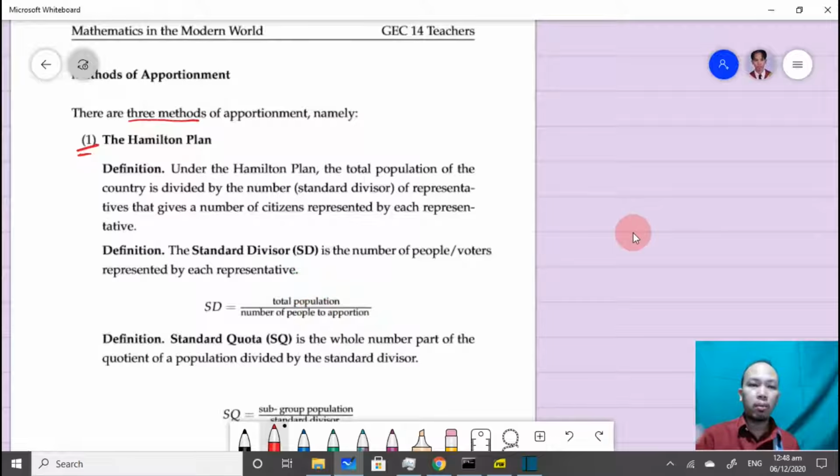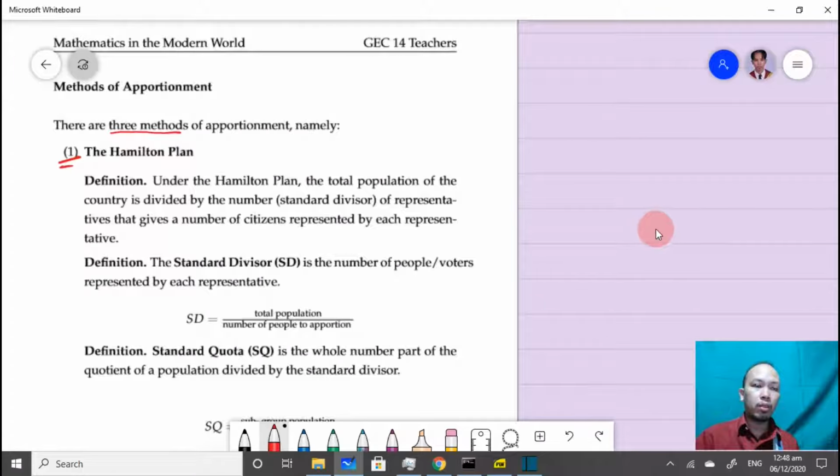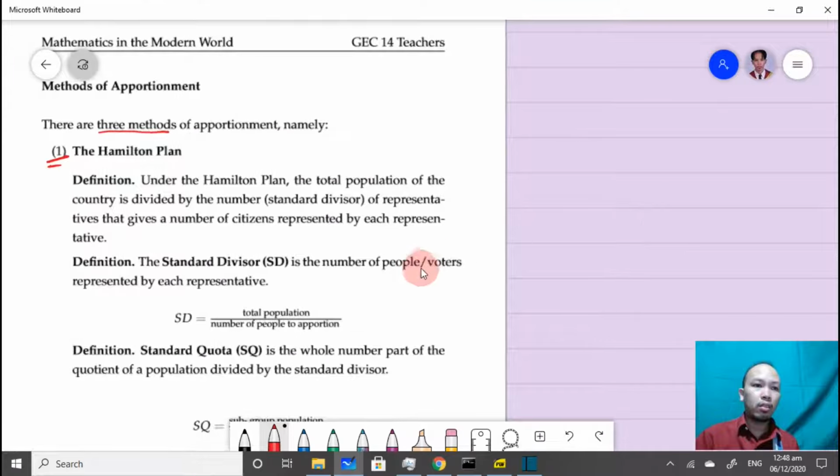Just like the example before, we have 500 laptops. The 500 laptops are something like the number of people to apportion.